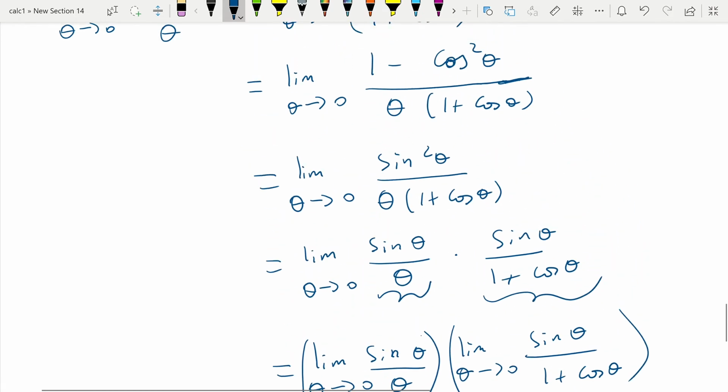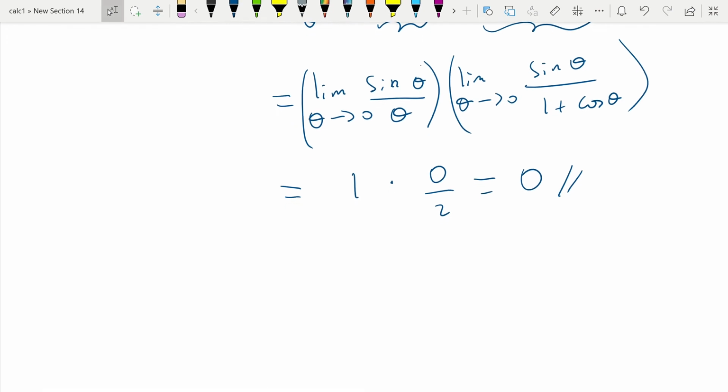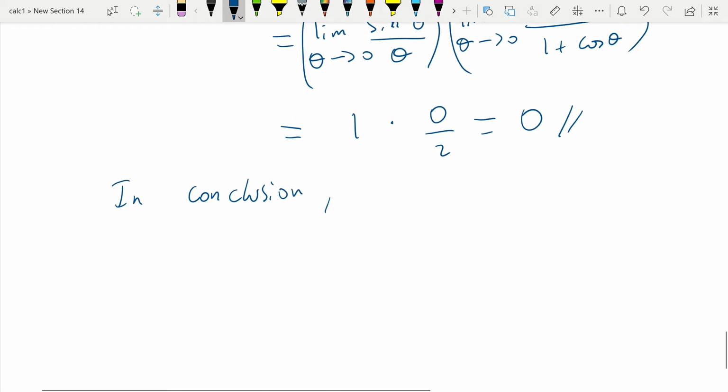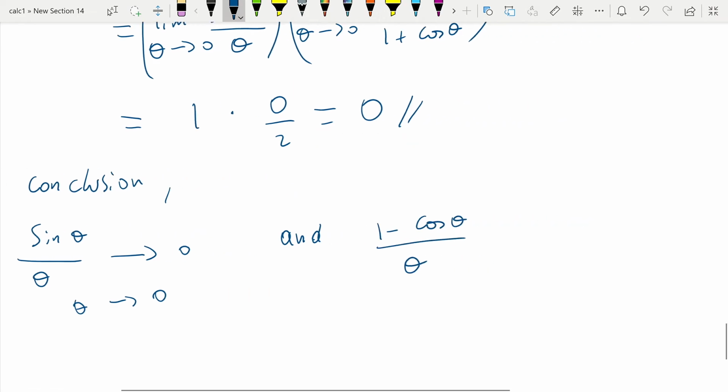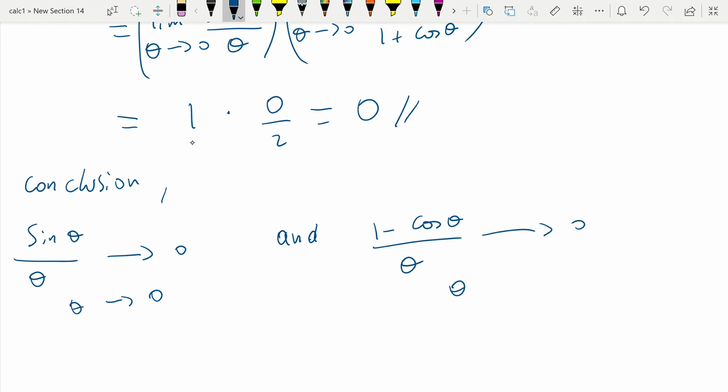So in conclusion, sine of theta over theta goes to 0 as theta goes to 0, and 1 minus cosine of theta over theta goes to 0 as theta goes to 0.